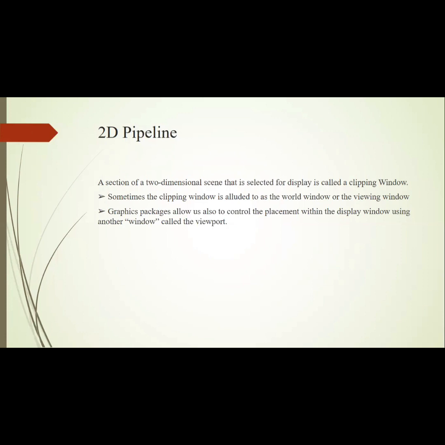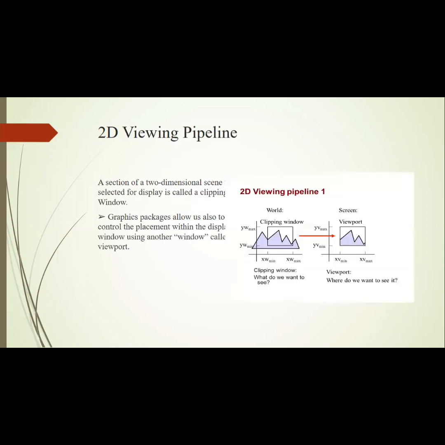Graphics packages allow us to control the placement within the display window using another window called the viewport. As you can see in the picture, there is an X coordinate and a Y coordinate.